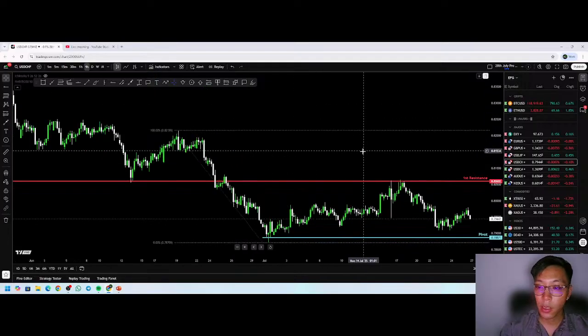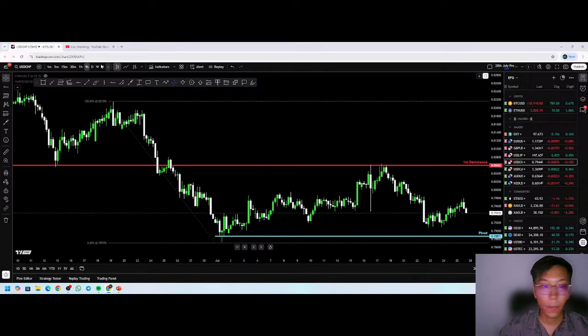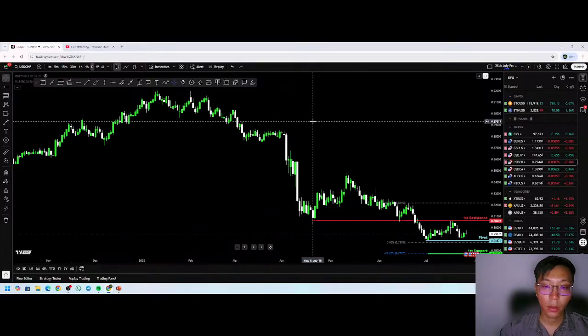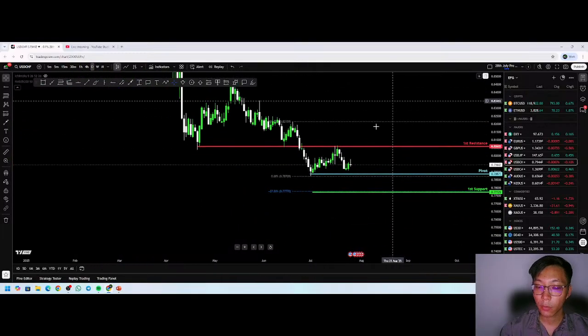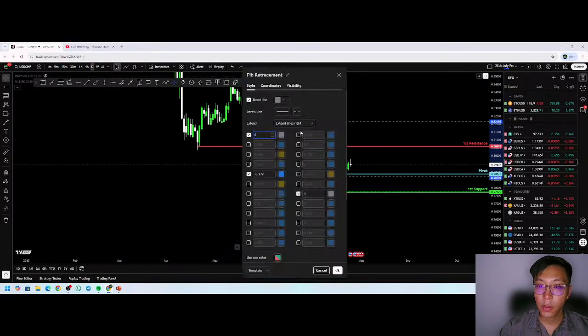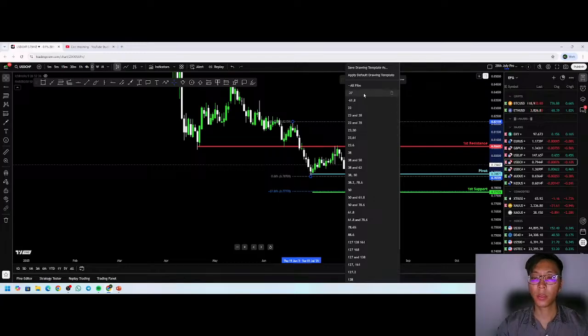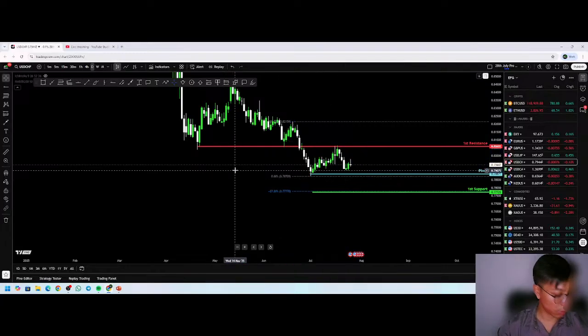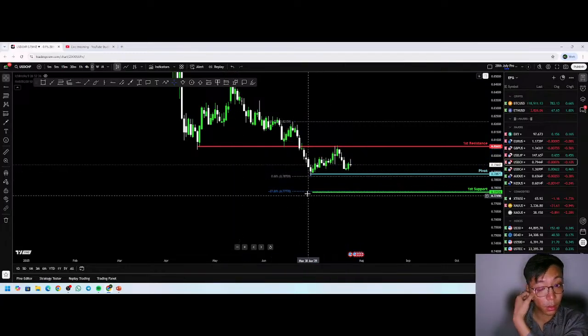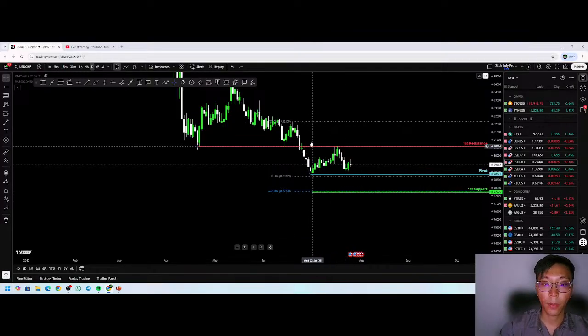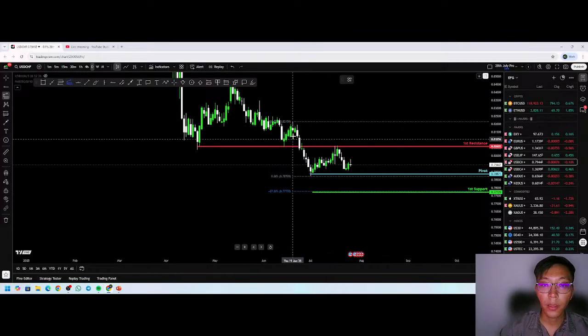H4 for USD CHF, H4. Okay, what is this color? Negative 27. Okay, pivot point for support. Alright, I think this is fine.